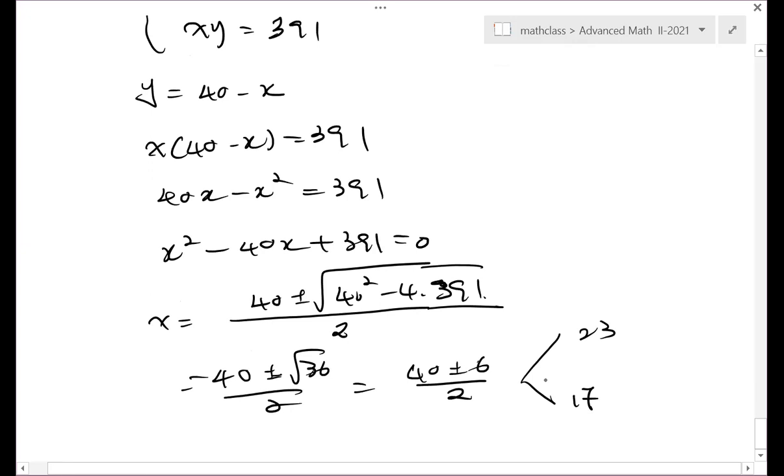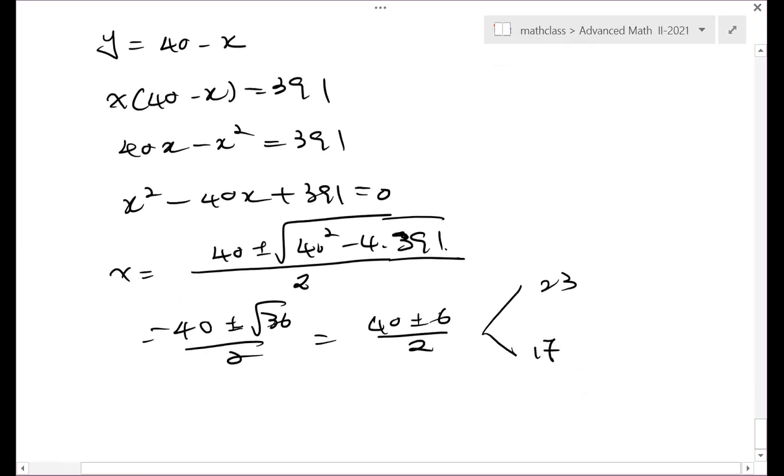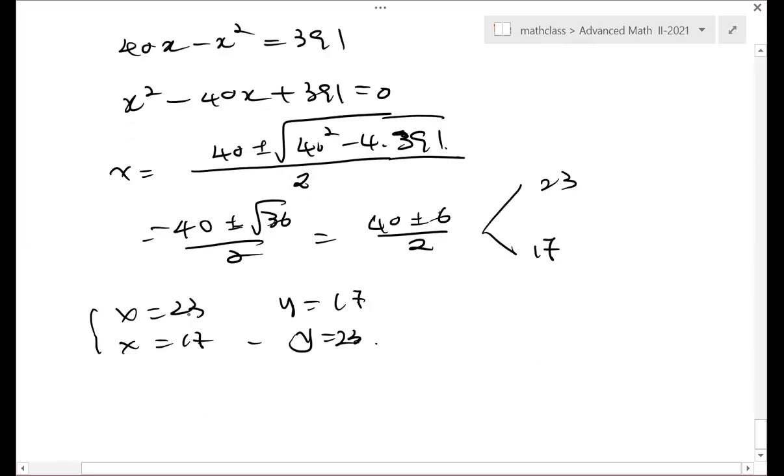So there'll be two solutions. Actually, once you get the x, if x equals 23, y is going to be 17. If x equals 17, y is going to be 23. Okay. Yeah, so the larger number is 23. So the answer is 23.